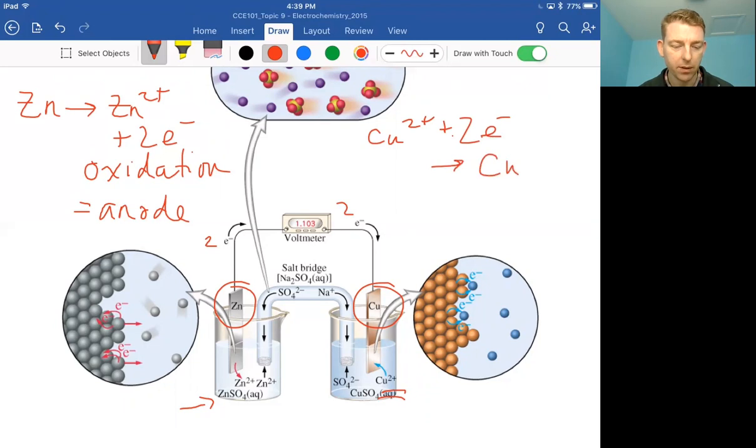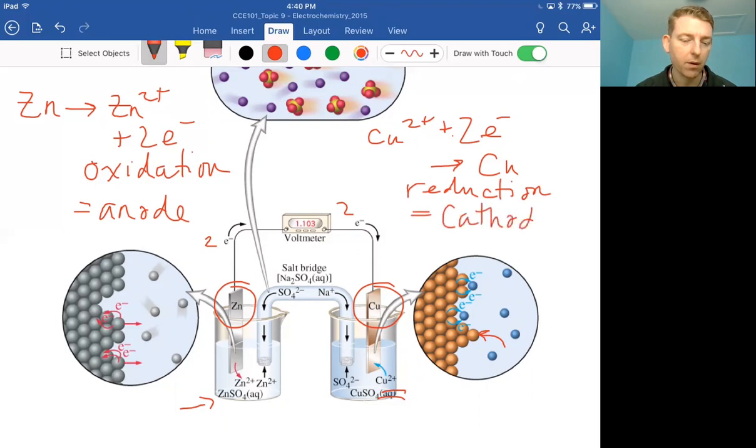So this is where we're going to pick up copper from the solution and start to add mass onto that electrode. On this side we have the reduction, and this is always going to be the cathode. Not always the copper, but where the reduction happens is the cathode.